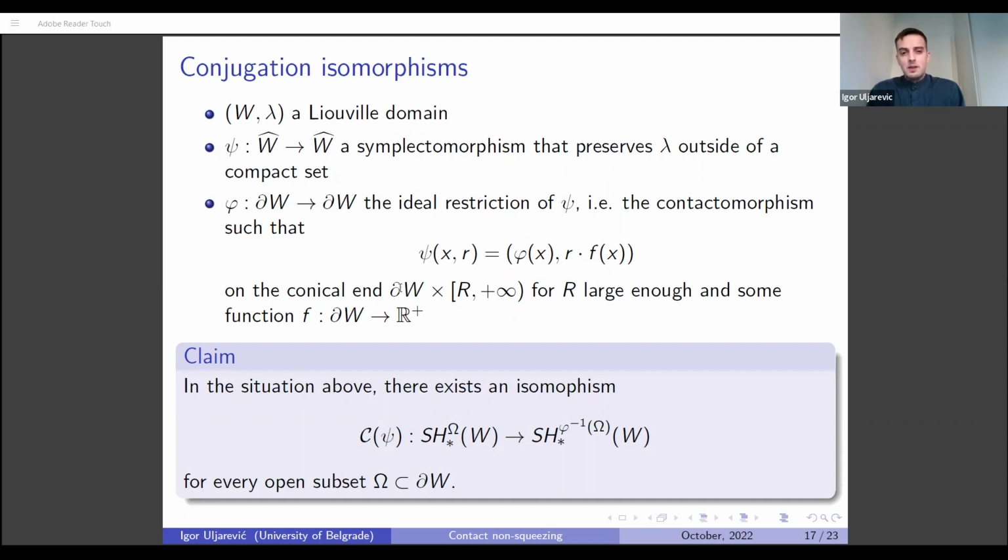It basically maps a generator gamma, a closed orbit, to psi inverse composed with that closed orbit. So it should be a contravariant functor. The conjugation isomorphisms commute with continuation maps.